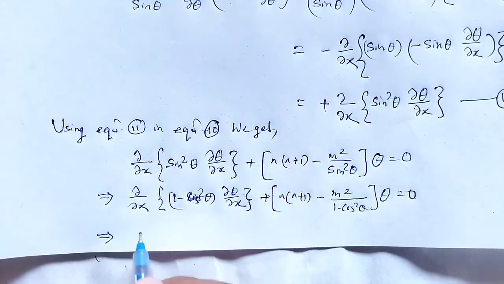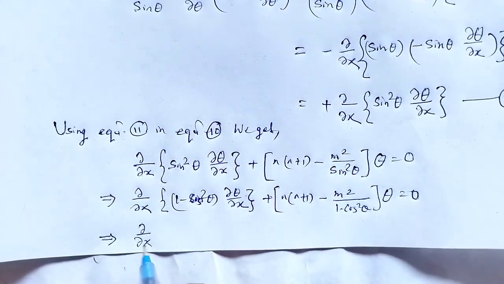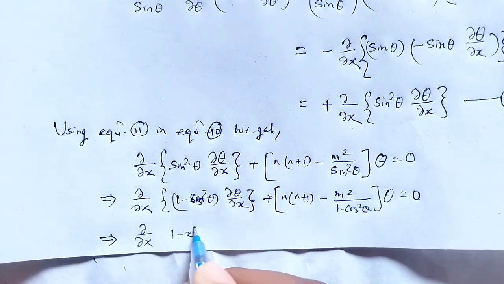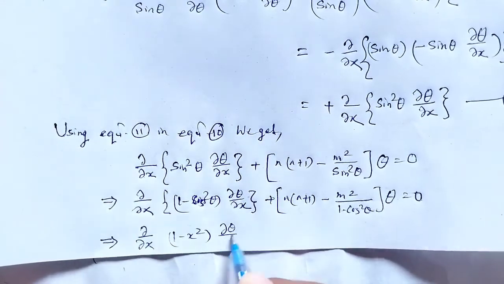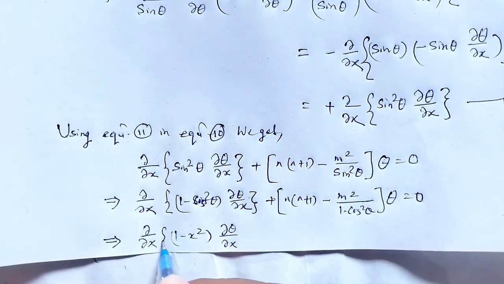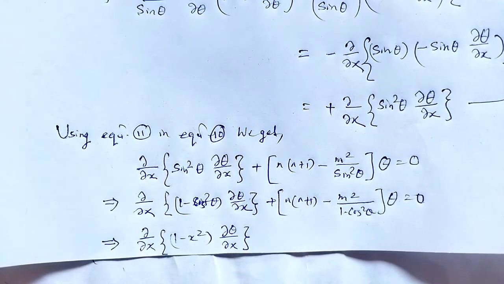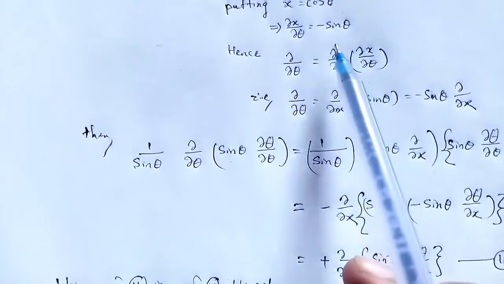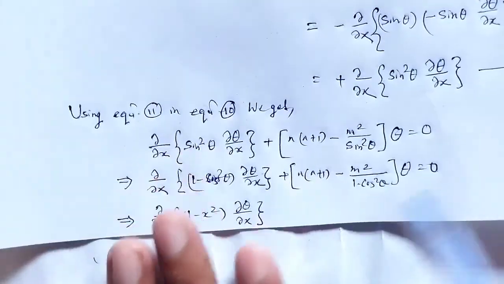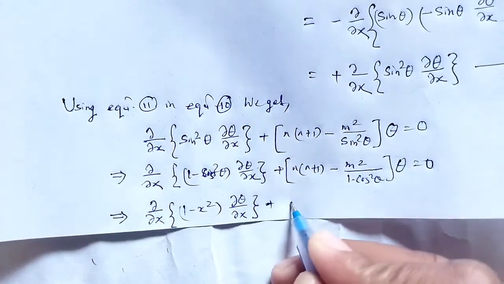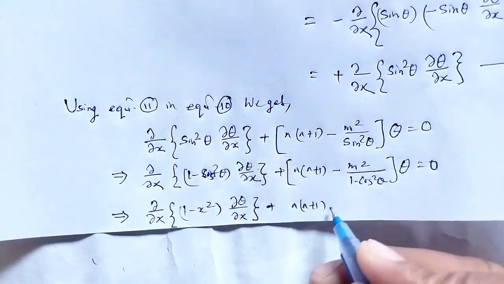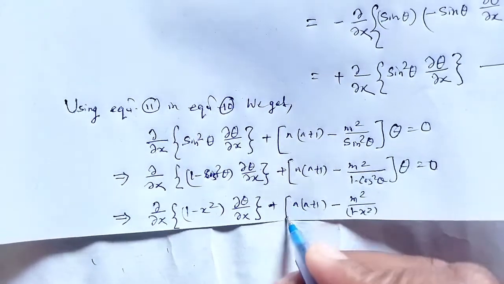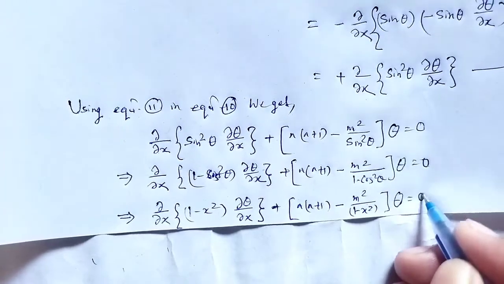That is written like this: del by del x of 1 minus x square del theta by del x, as we substitute x as cos theta, plus n into n plus 1 minus m square divided by 1 minus x square of theta is equal to 0.